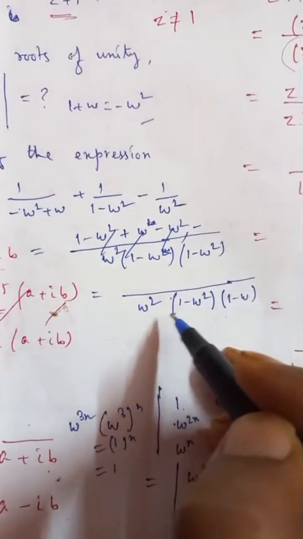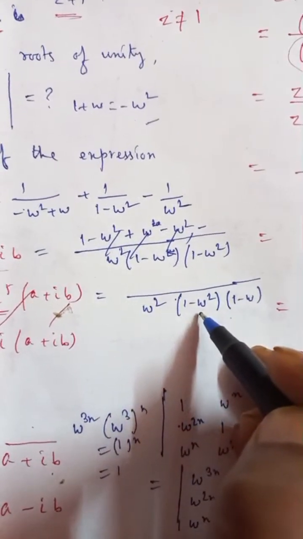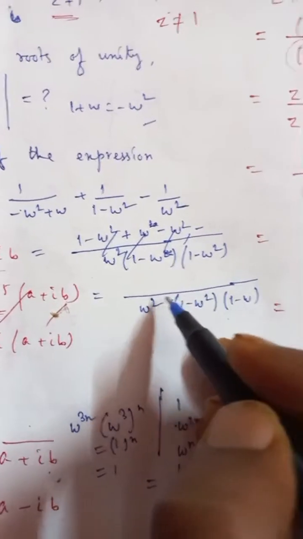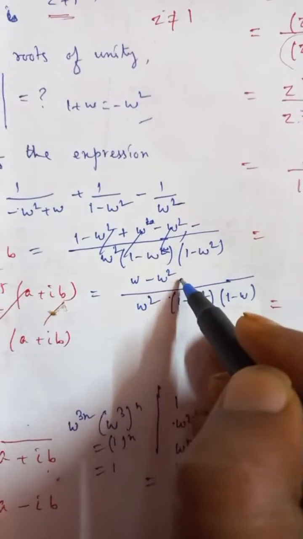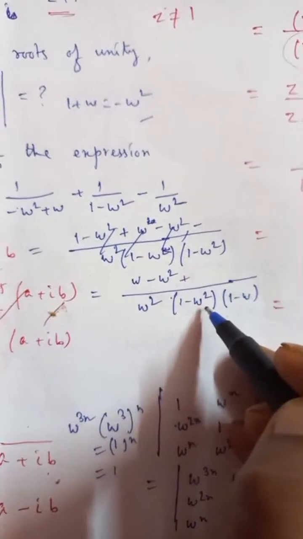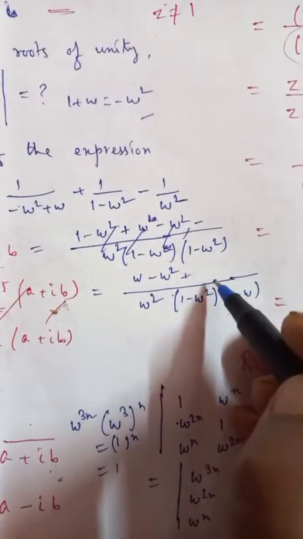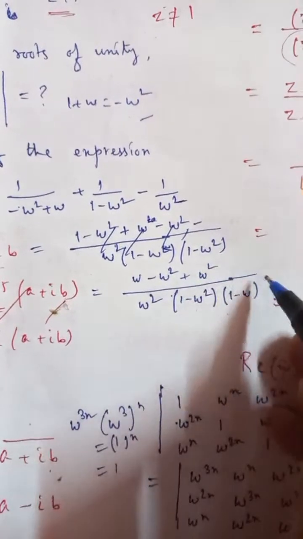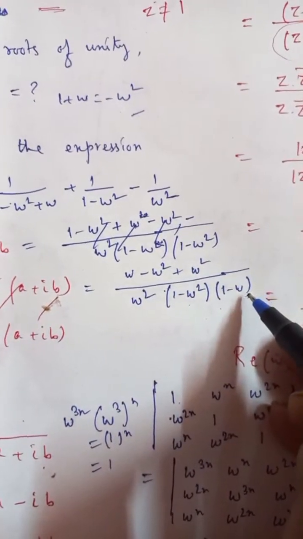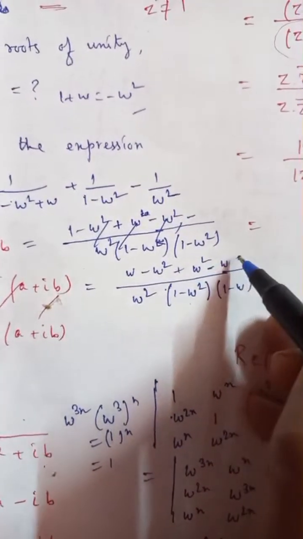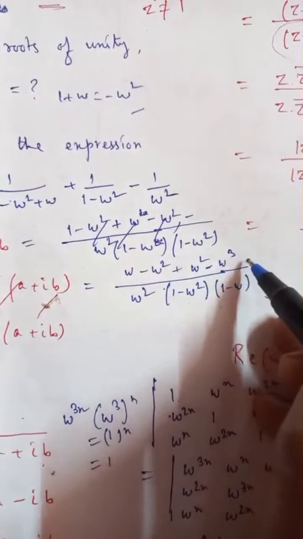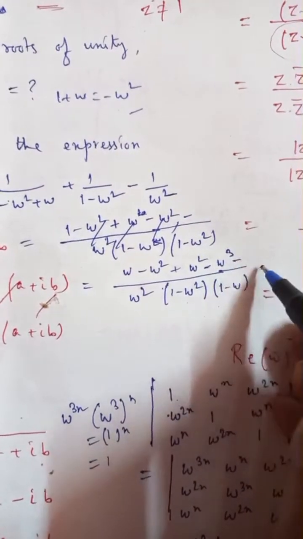We will have omega, 1 minus omega square. So we will have omega minus omega square, and we will have 1 minus omega square, and it will be omega square minus omega cube, minus.